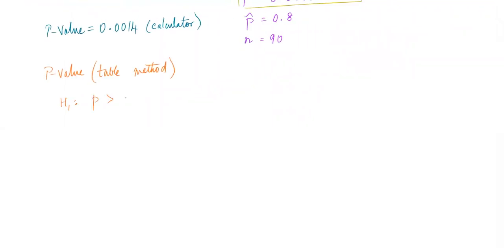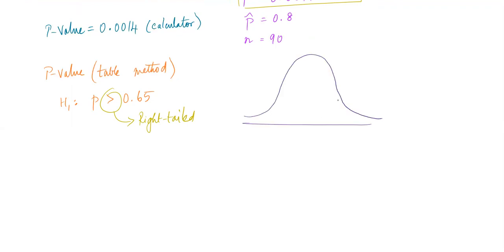H1 is P greater than 0.65. Because of the greater than symbol, it means it's right-tailed. So all of it lies on the right tail, right?